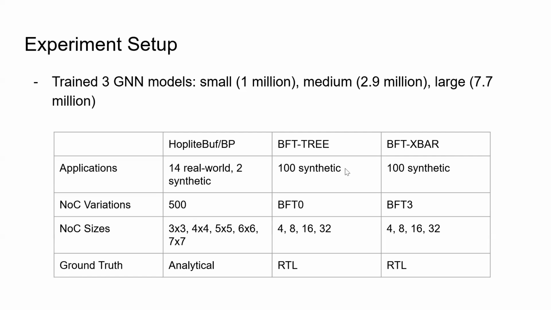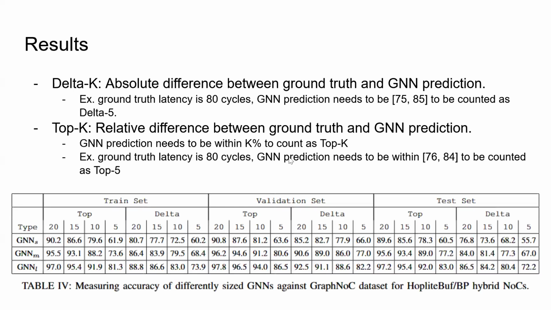For BFT tree and BFT XPAR, these are done with RTL, so full simulation. In terms of the results they presented, I think this result isn't too interesting. But basically, they measure in two ways. You have what's called delta K, which is the absolute difference between your result and the prediction.